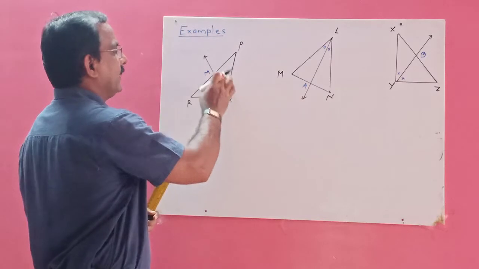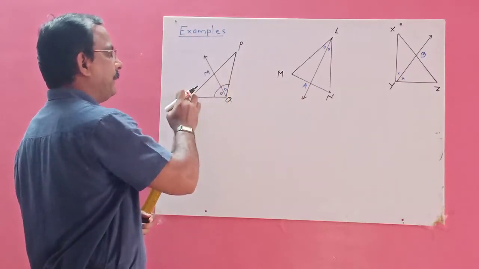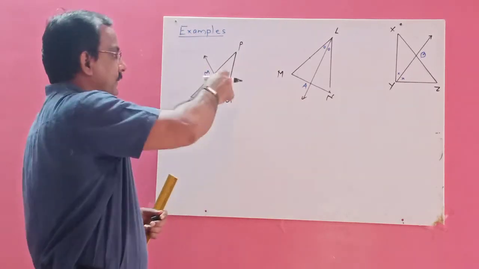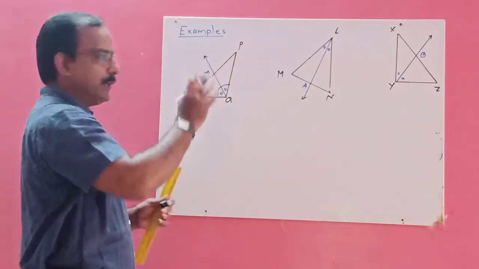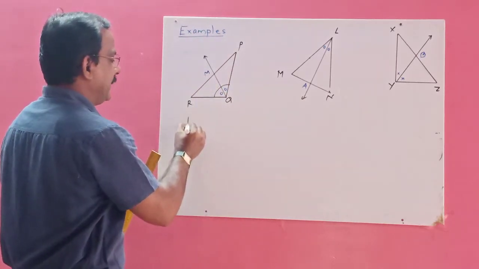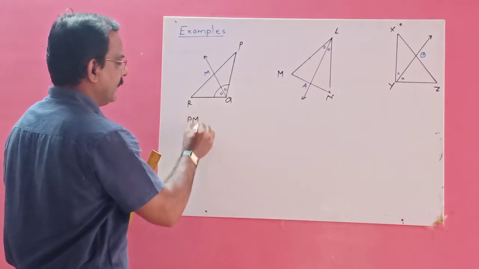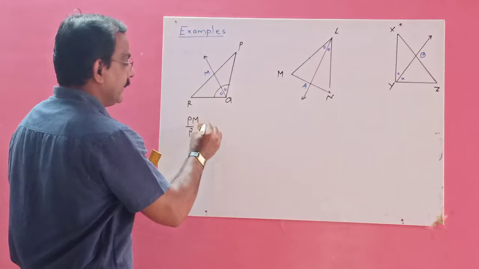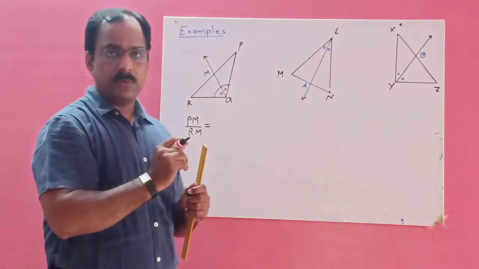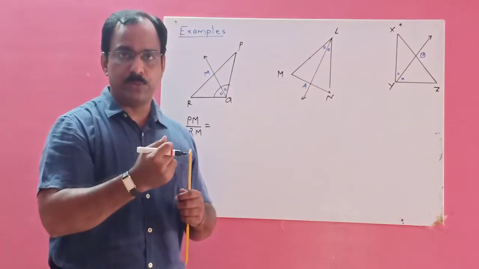Opposite of this angle is side PR. This ray divides this side in the ratio, that means PM upon RM, equal to the ratio of the remaining two sides.